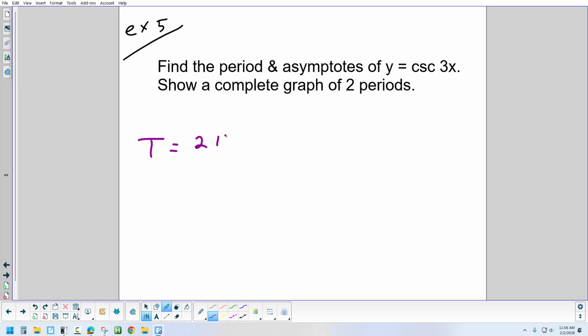And what's b in this case? 3. Okay, so find the period. That's done. Find the asymptotes. Cosecant. What are the first 2 asymptotes that you hit for cosecant? Think to the table. 0 and pi.